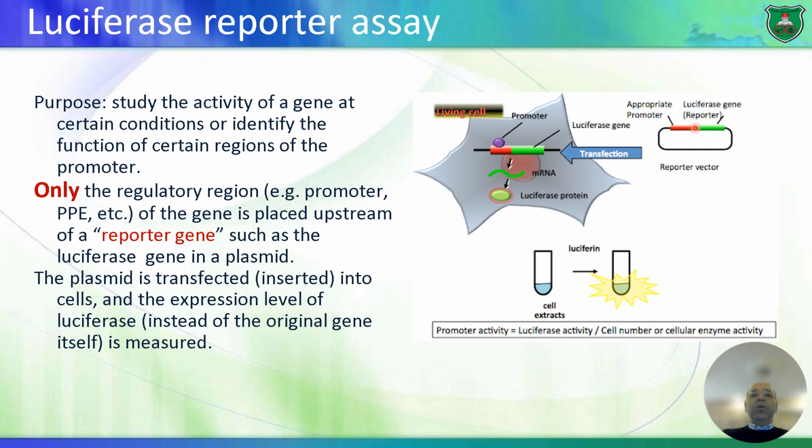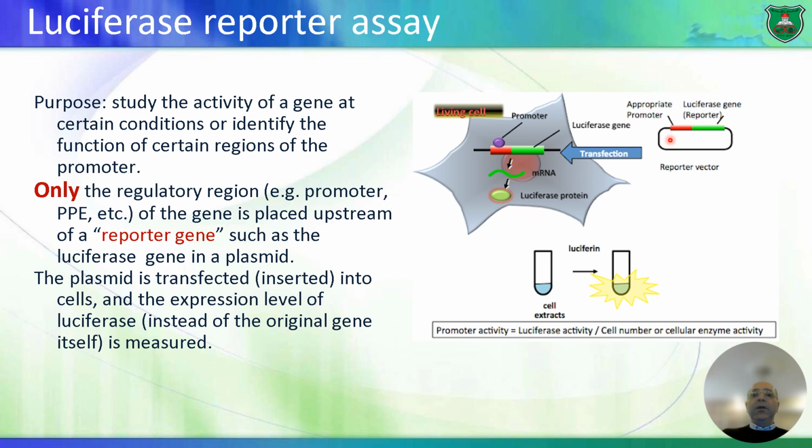We have it under the control of a promoter of interest. So let's say we have the luciferase gene under the control of the promoter of the dopamine hydroxylase gene.